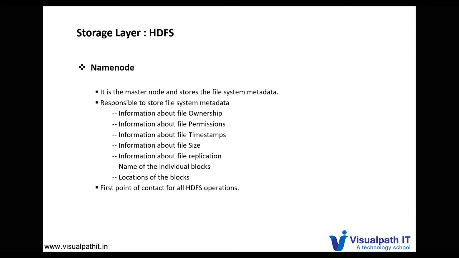Everything will be stored as metadata in the name node memory, and that is the name node's duty. Also, the first point of contact for all HDFS operations is the name node.